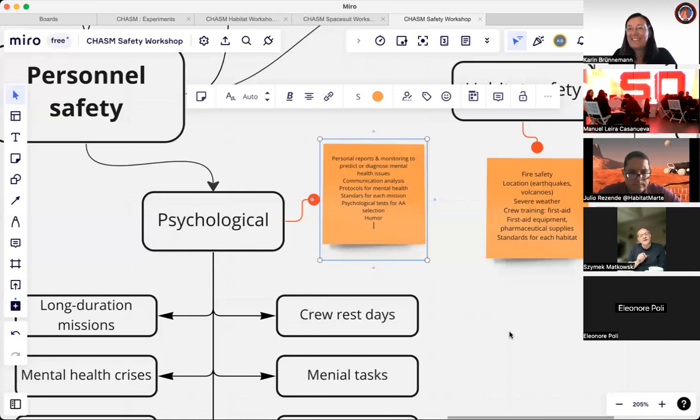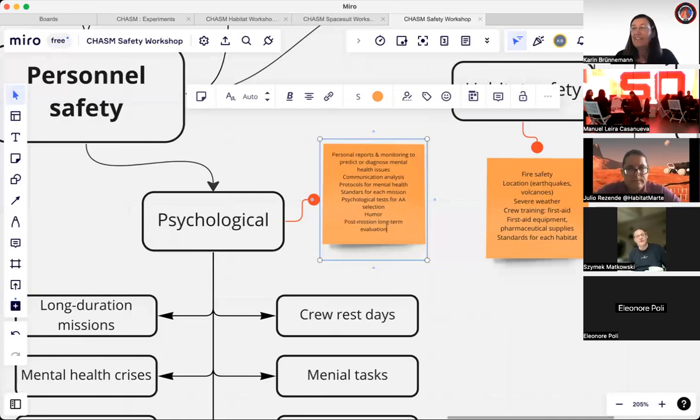Following your thought, do you have anything like post-mission, not only evaluation but also long-term post-mission contact? Yeah, we don't have it right now, but it would be really great. It would be just like a survey or something like that, just to monitor the long-term consequences of being close for about 2 weeks with 6 people.